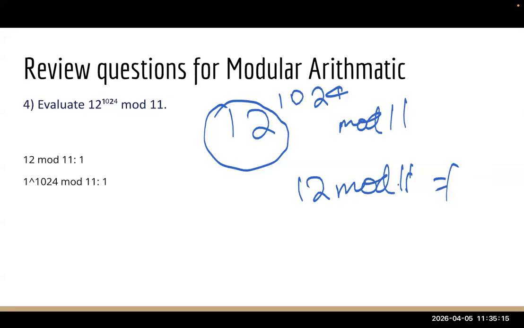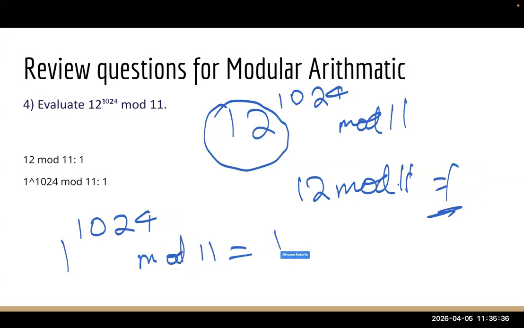Now, since it's 12 to the power 1024, this value is going to keep on increasing, but since the remainder is 1, it really does not matter, because 1 to any power is still 1. Mod 11, it's just 1.